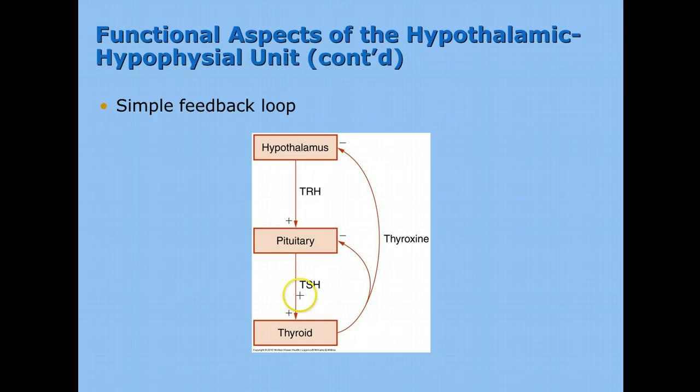The first thing that you have is the hypothalamus, which is located in the brain with the pituitary. This is an example of how this works with the thyroid. Now there's a feedback loop for other organs as well, but in this scenario, we're just going to use the thyroid as an example. The first thing that happens is the hypothalamus is going to send something called thyrotropin releasing hormone.